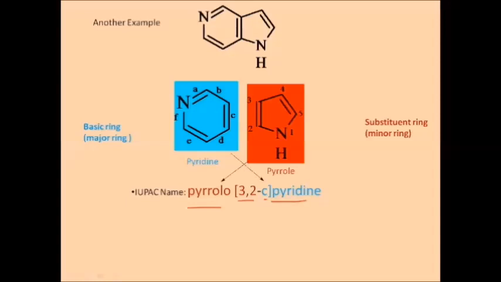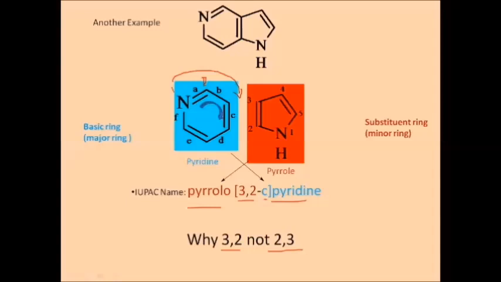So here one question arises: why 3,2? Why have we not written 2,3? To answer this, we can see that the direction of a, b, c is in this direction.